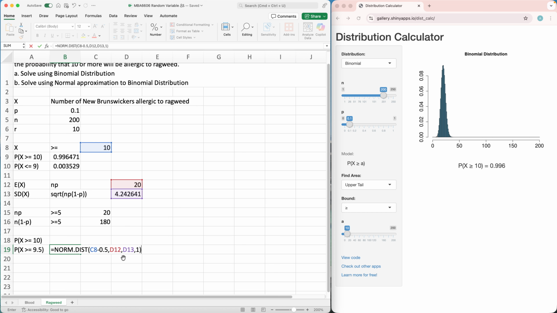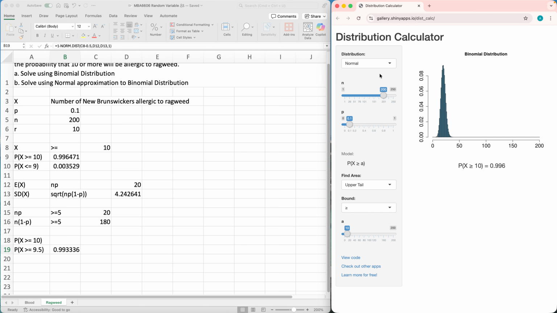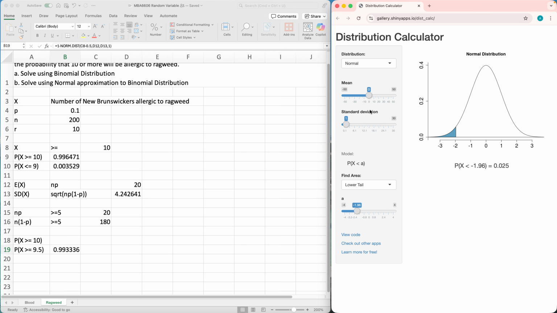This whole thing needs to be subtracted from 1, because this is actually giving us the probability of x less than or equal to 9.5. So I will calculate 1 minus the cumulative probability until 9.5, the complement, which is greater than or equal to 9.5. When I calculate, I get a probability value of 99.336%.